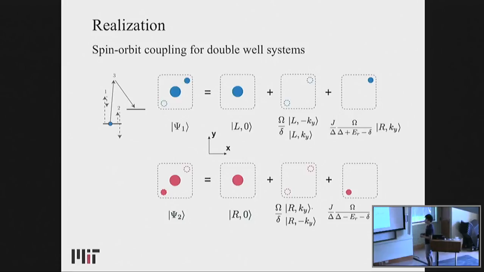We have a similar process for atoms starting from the spin up, the higher state. So we have the bare BEC, the two on-site terms, and the spin-orbit coupling term. For these two processes, the spin-orbit coupling term acquires opposite momentum transfer from the Raman beams.